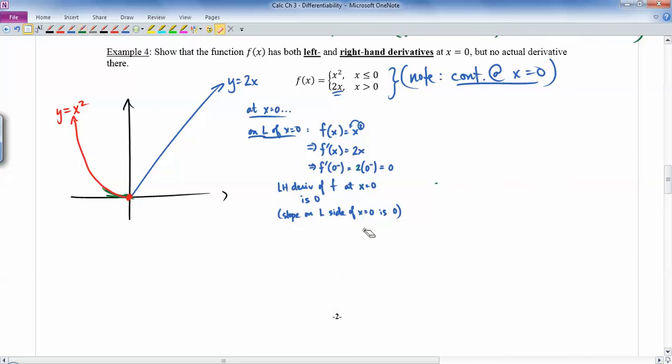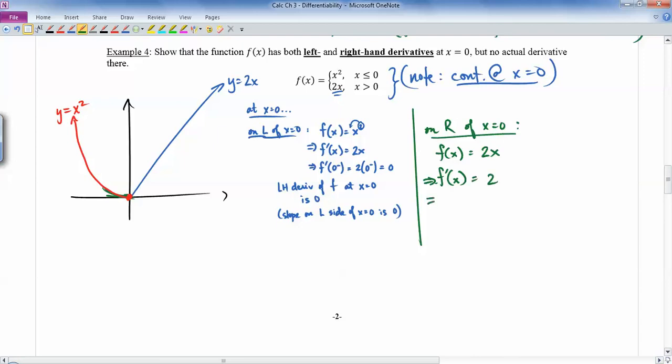Okay, let me shrink this down. And now let's look at the right side of x equals 0. On the right side of x equals 0, we've got f of x equals 2x. That means the derivative of f is 2, since the slope's 2. And since I'm looking on the right side of 0, no matter what, the slope's always 2 on the right side, so it's 2 there too.